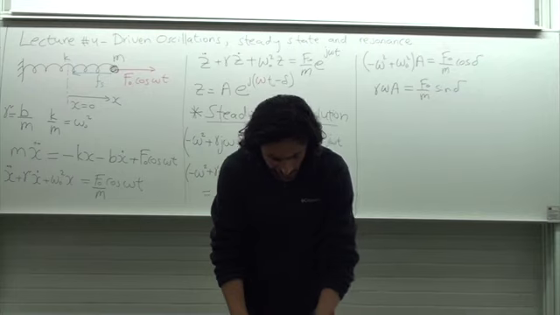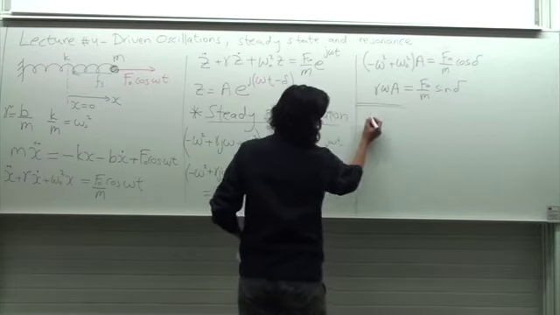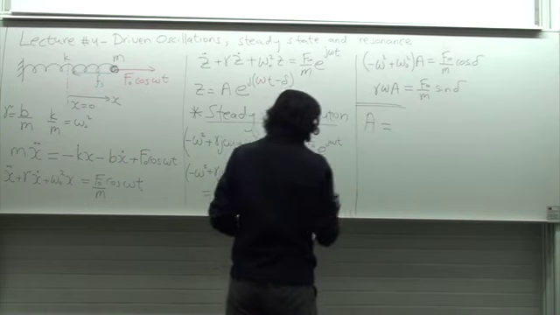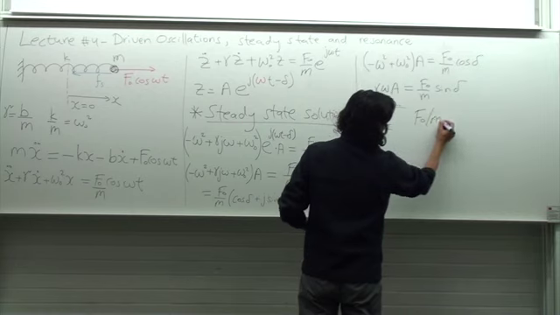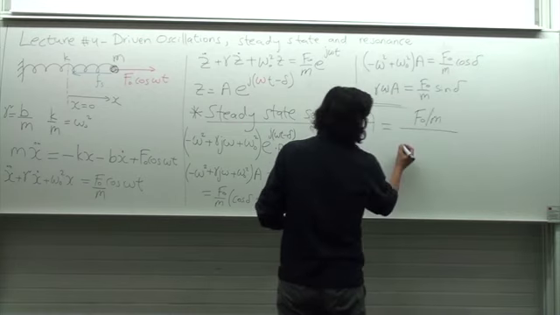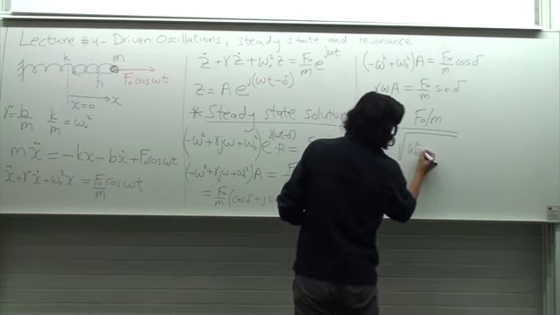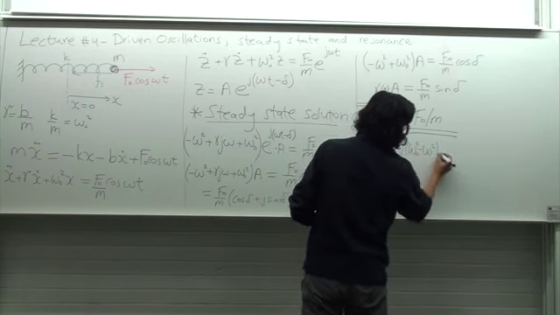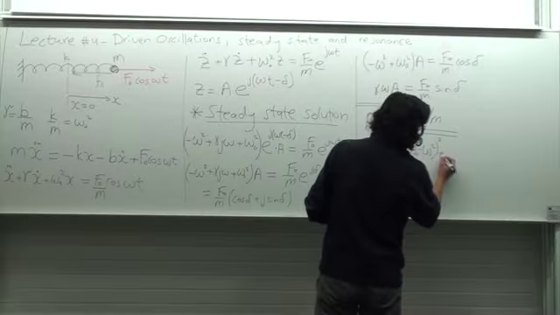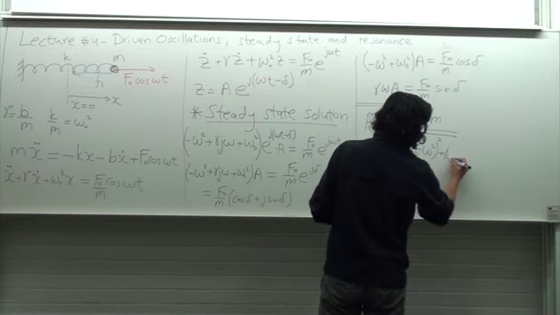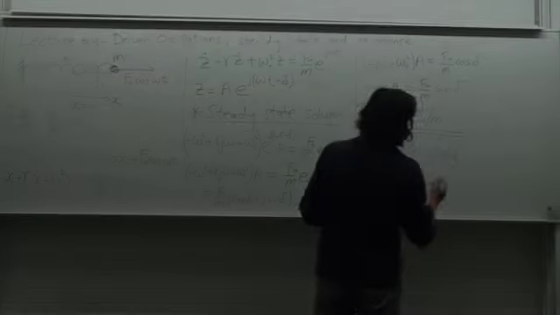So if you solve that, what you would get at the end is the following relation for A, the amplitude, f0 over m divided by square root of omega 0 squared minus omega squared, everything squared, plus omega gamma squared.